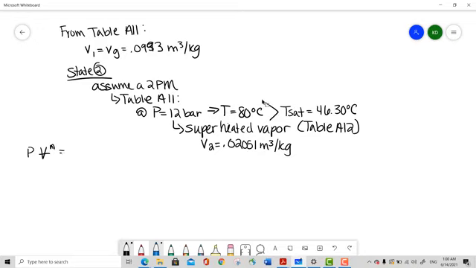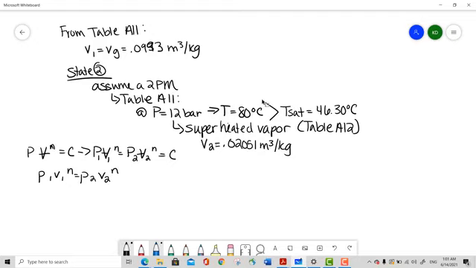Equals C. And then this can go into P1 V1 to the N equals P2 V2 to the N, because it's constant, equals C. We have specific volume V, so that's what we're going to use.